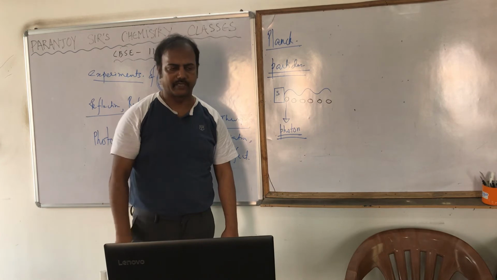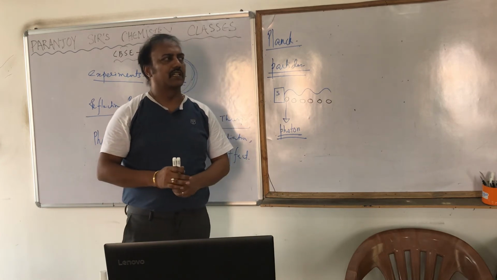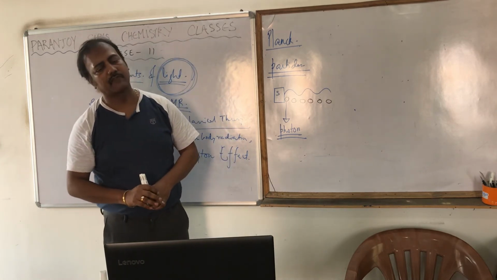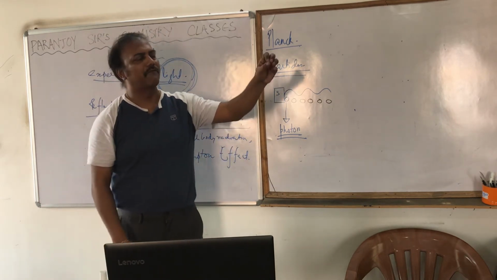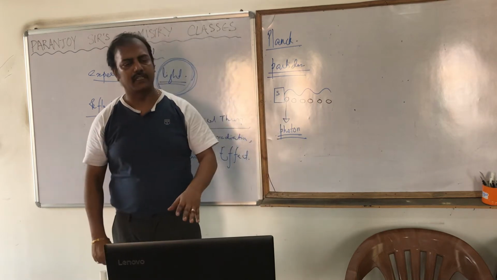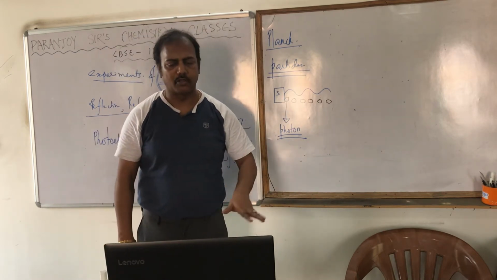Obviously, I am talking of the speed of the ball that is coming out. Suppose the speed of the ball is the same, but the frequency: in 1 minute Virat can play how many balls?